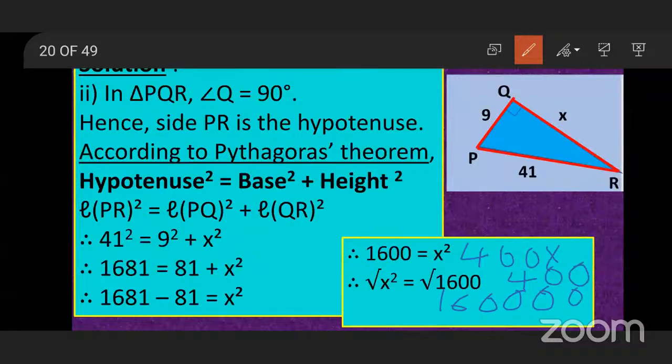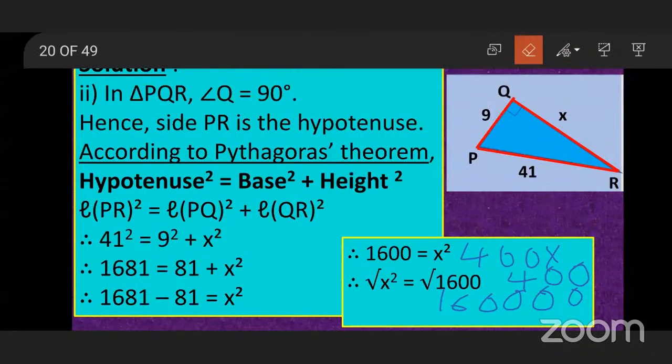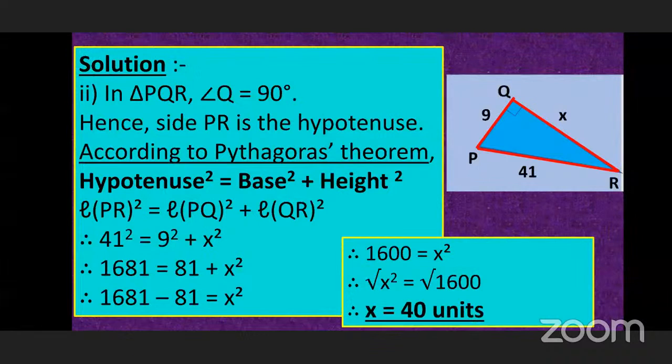But here only 2 zeros are there. Yes, it will be 40. So the root of 1600 is 40. Therefore, children, the value of x is 40 units.